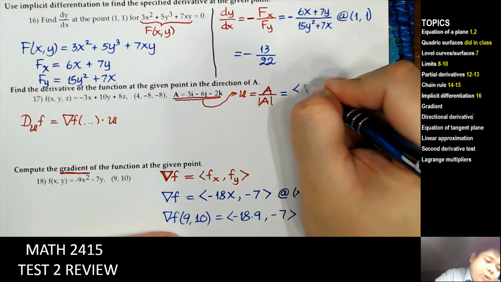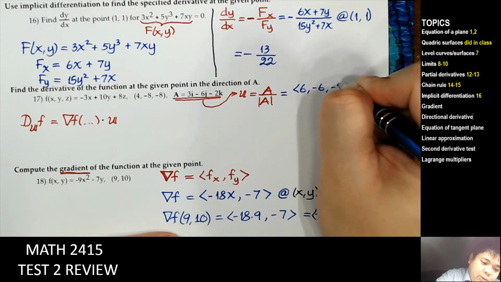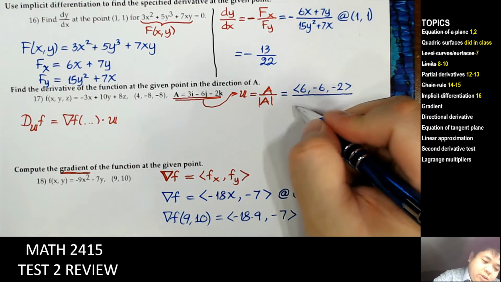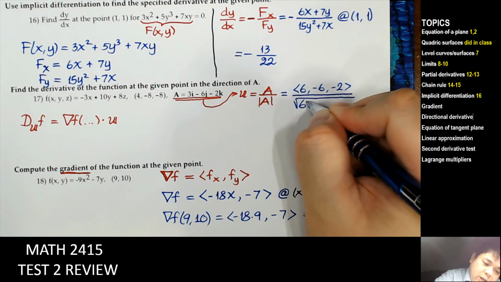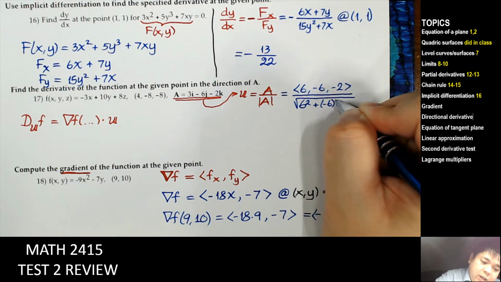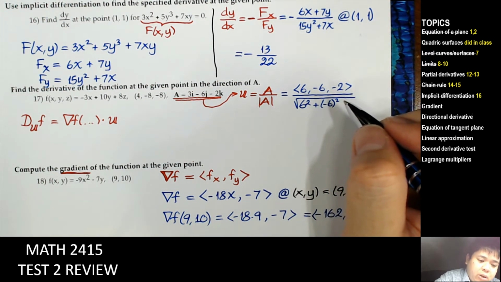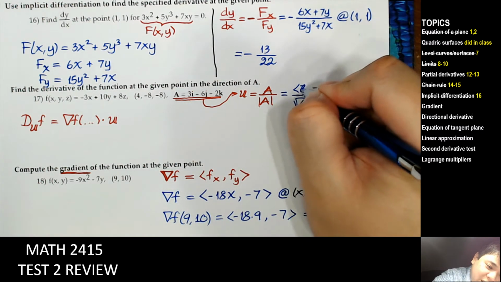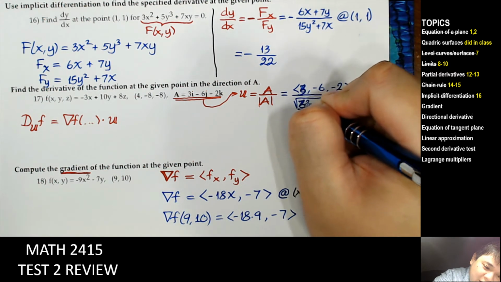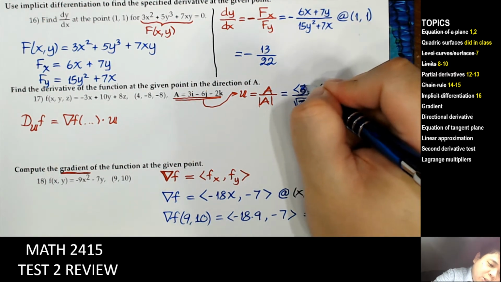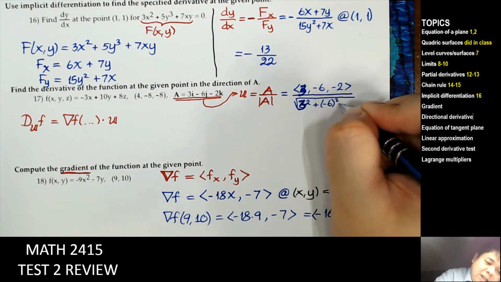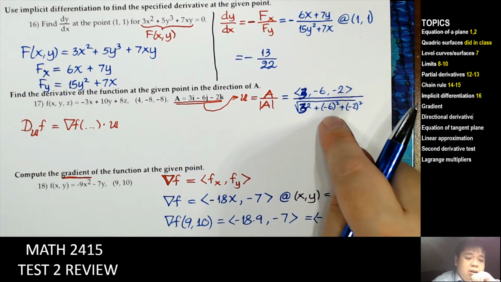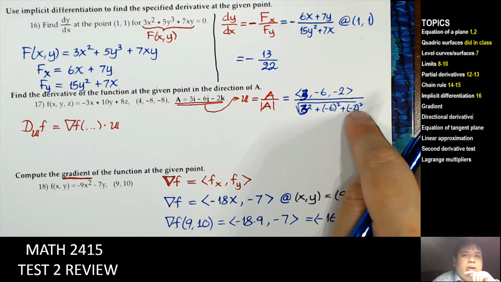So we have the vector of 3, -6, and -2, divided by the magnitude. 3 squared is 9, -6 squared is 36, 45, and -2 squared is 4, 49.